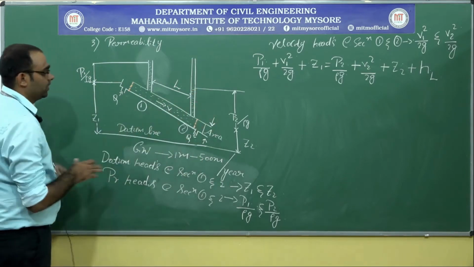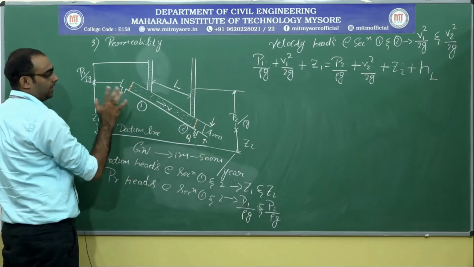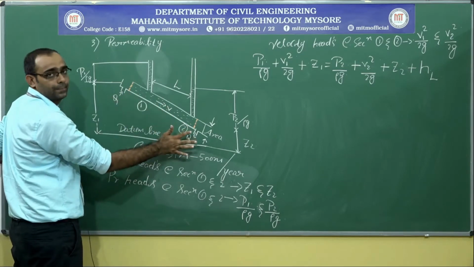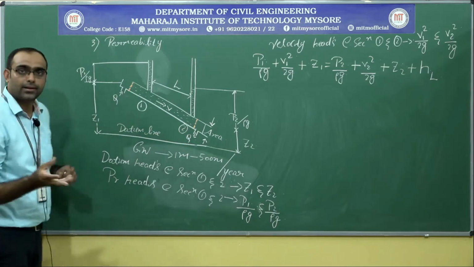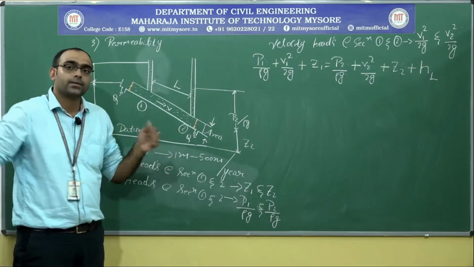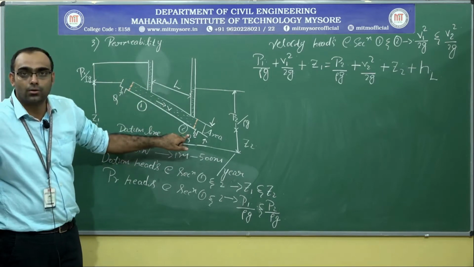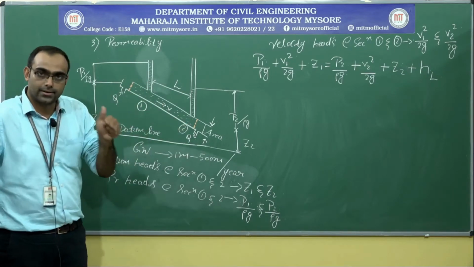Look here, you can see the groundwater is flowing from section 1 to section 2. The basic thing is that water flows from a high energy region to a low energy region, right.